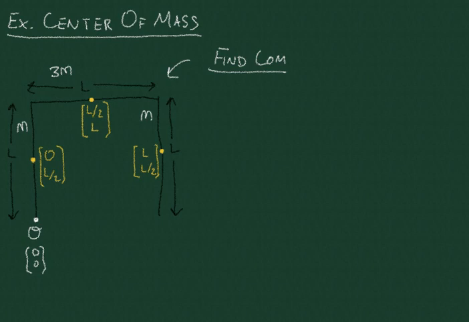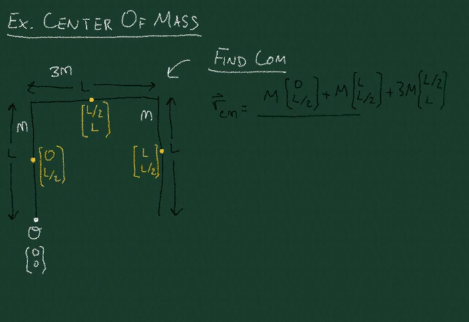We should be able to do that with no problem. We use our formula for the center of mass: the mass of the left rod, m, times its center of mass, plus the mass of the right rod times its center of mass, plus the mass of the one on top times its center of mass.